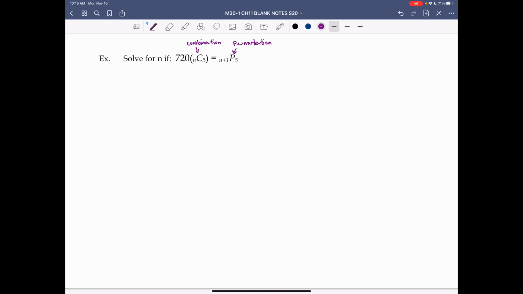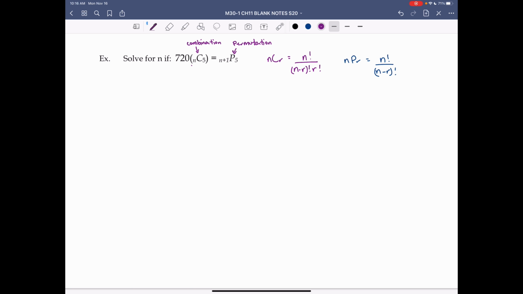The formula for combination nCr equals n factorial over n minus r factorial times r factorial. And the formula for permutation nPr is n factorial over n minus r factorial.